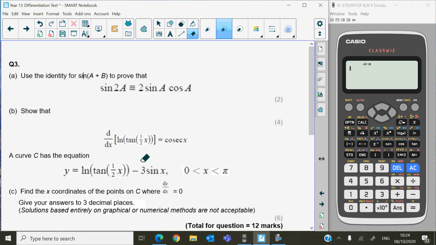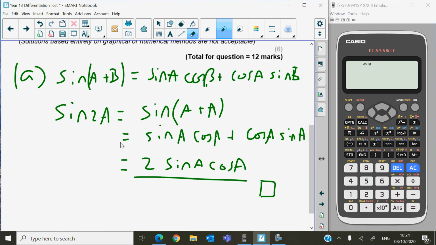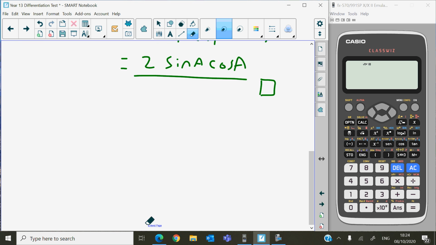That notation there, d by dx, just basically means if y is equal to this, differentiate it. Instead of having y inside the dy by dx, it's differentiate this with respect to x. So what we're actually looking at in B is having y is equal to natural log of tan of a half x.